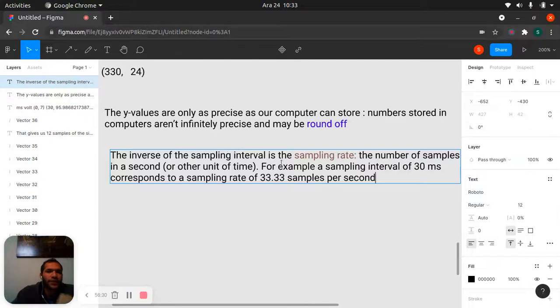Now, the inverse of the sampling interval is the sampling rate, okay?